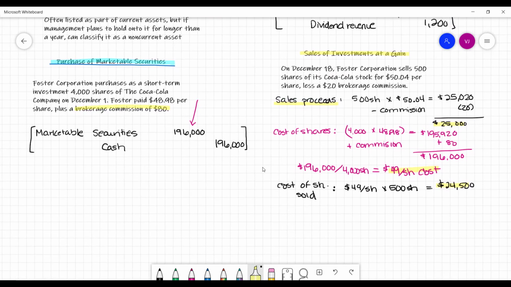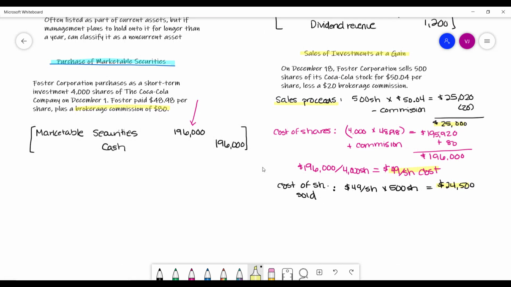So we want to compare the cost to the sales proceeds. There's a $24,500 cost versus proceeds of selling those shares of $25,000. So now you want to figure out, is this a gain or a loss on sale of investment? Here, we received more than what we paid for those shares.